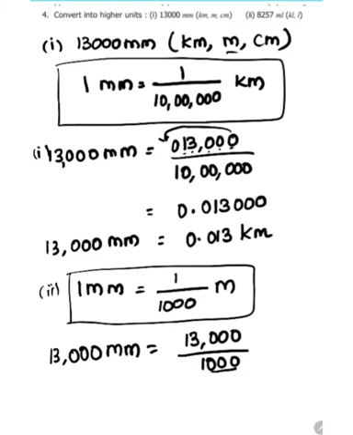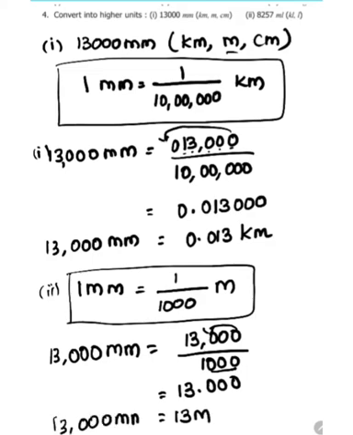Here 3 zeros, so after 3 digits put the point there. So it's 13.000, so it is 13 meter. So 13,000 millimeter is nothing but 13 meter.